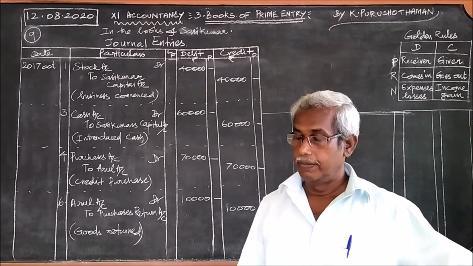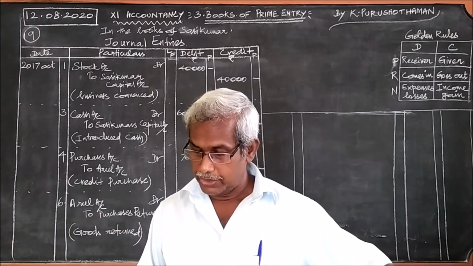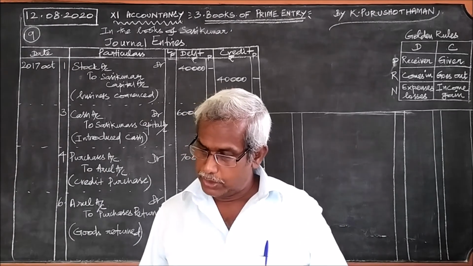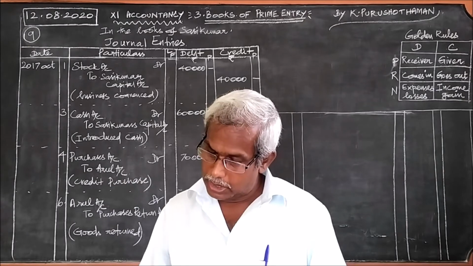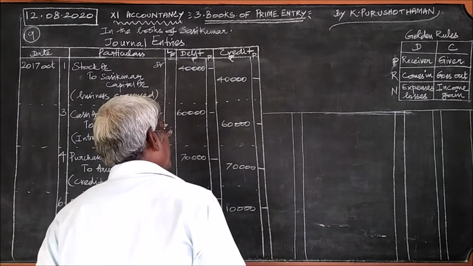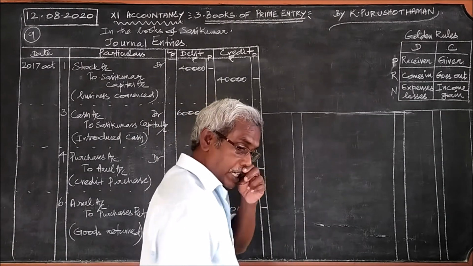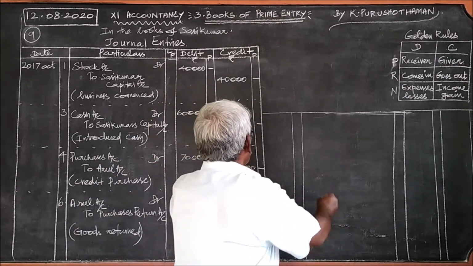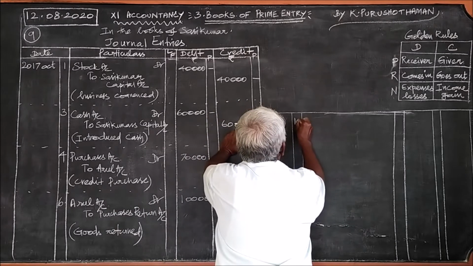After 6, what is the next transaction? Paid cash to Arul on account 60,000. The date is 10. Put the date 10.